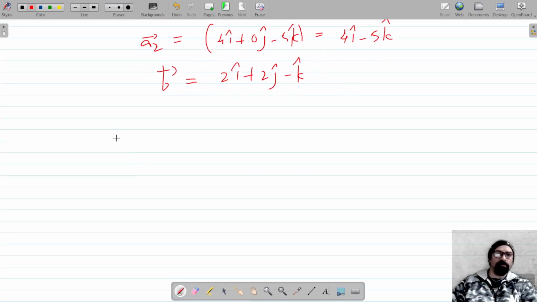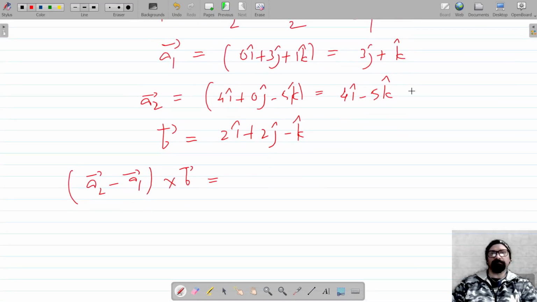So let's find out the cross product of A2 minus A1 cross with B vector. Now let's find A2 minus A1. So this is 4 i cap, and we don't have j cap here, so this is minus 3 j cap, just subtract them, and minus 5 k cap minus k cap is minus 6 k cap.